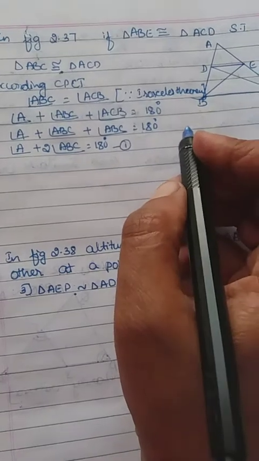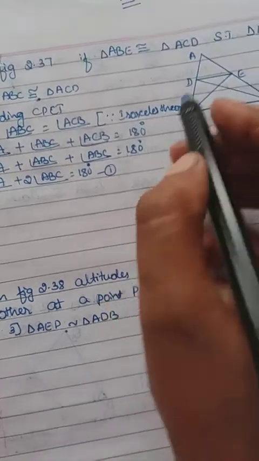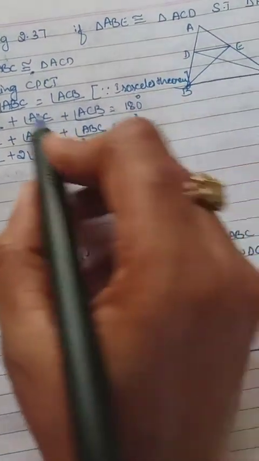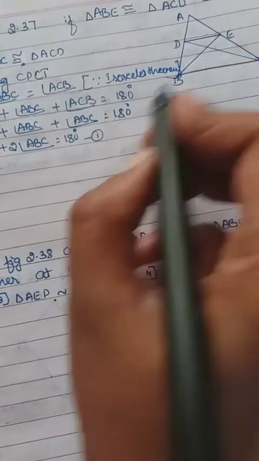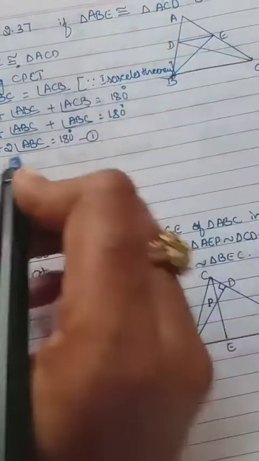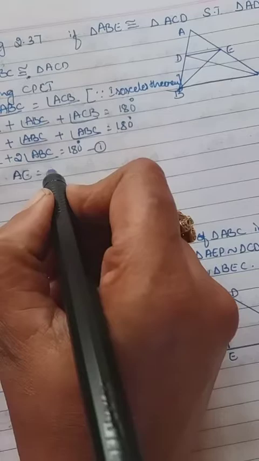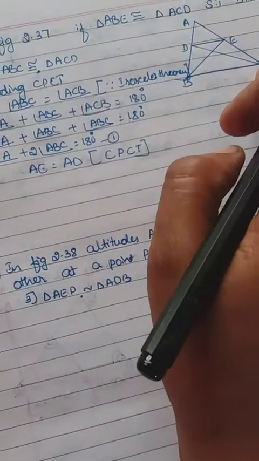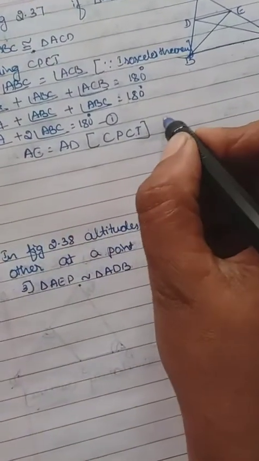In the same way, we take the triangle ADE. Segment AE is equal to segment AD according to CPCT, just as AC is equal to AB, due to the isosceles theorem.